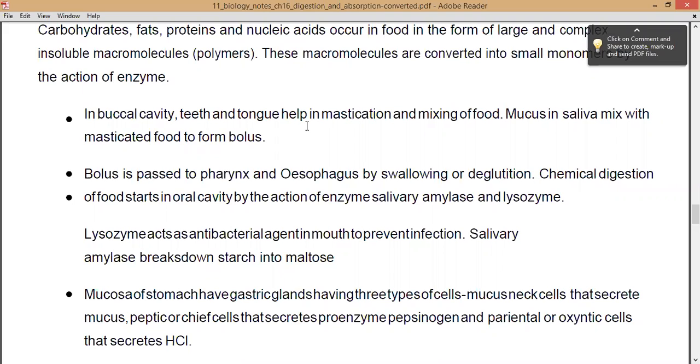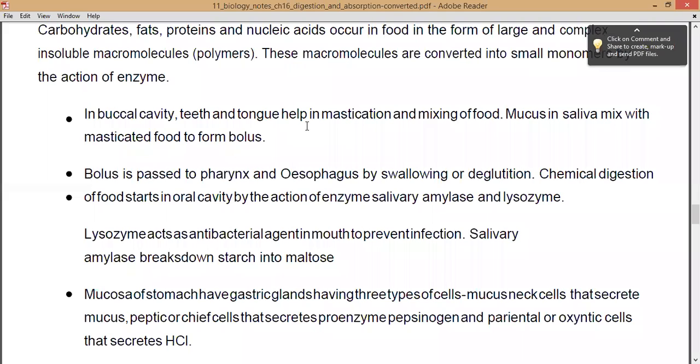This salivary amylase is responsible for the digestion of starch. The starch present in your food is simplified into maltose. Salivary amylase breaks down the starch into maltose, and lysozyme acts as an antibacterial agent, so it does not allow any infection to occur.